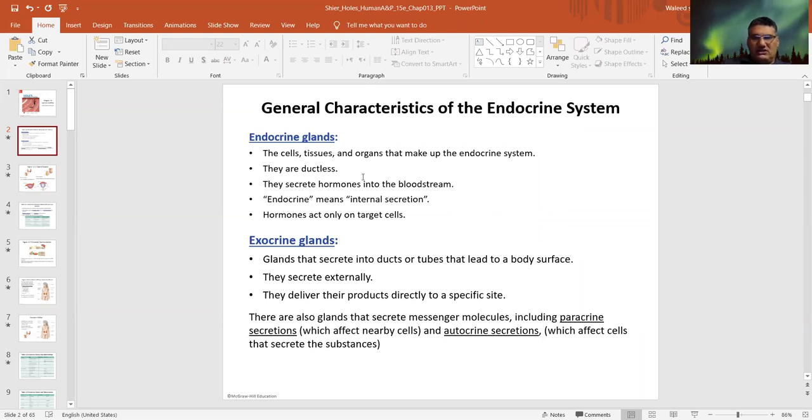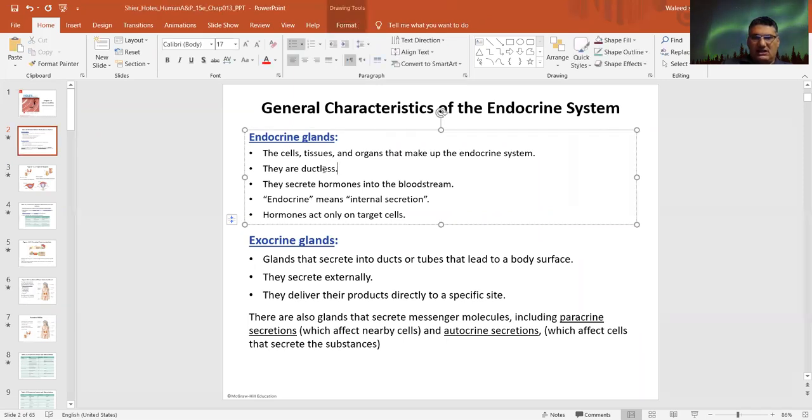So what are the differences? The endocrine glands that we're doing now are ductless, and that's why they secrete the secretion inside. These secretions are called hormones. How about the exo? The exo glands do have a duct, so the secretion goes out, and the name of the secretion will depend on what type of gland we are talking about.